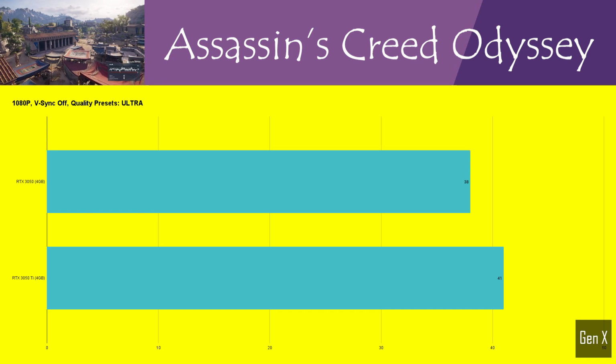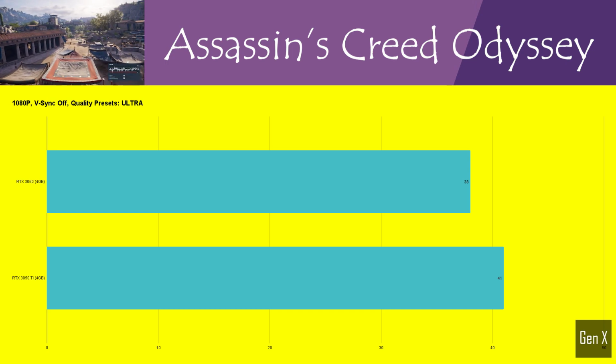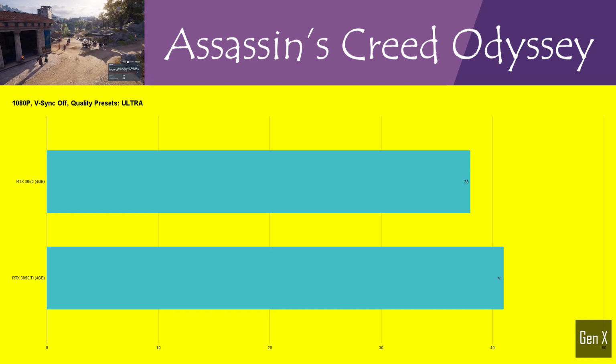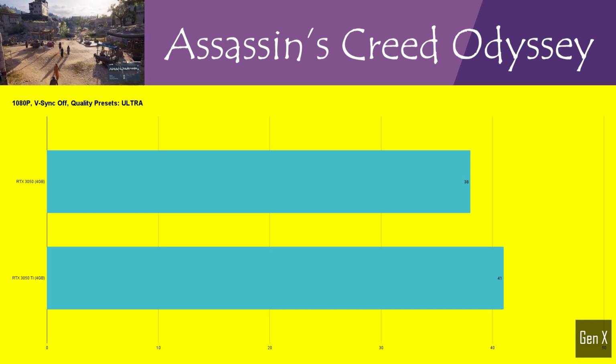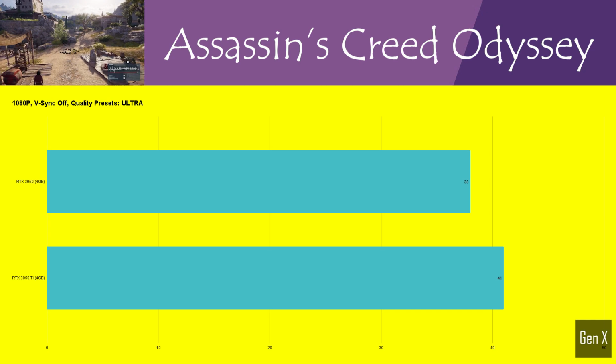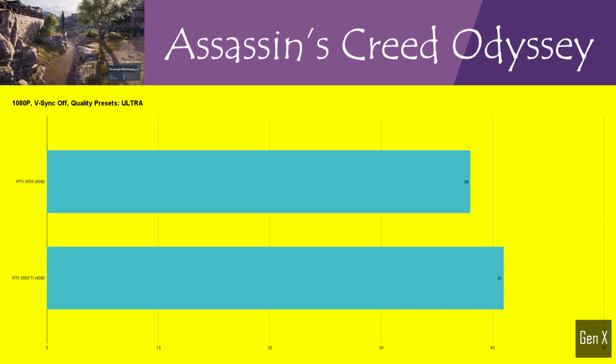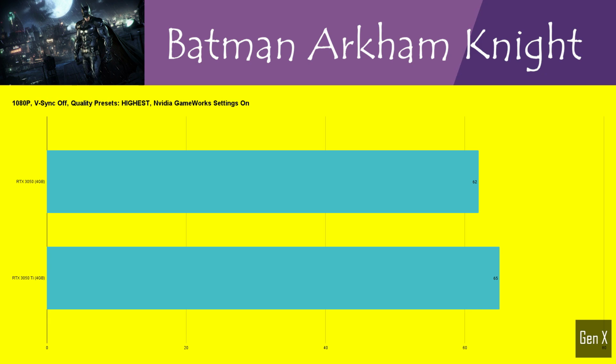The 3050 scored 38 frames per second, while the 3050 Ti managed 41 frames per second on average. This translates into a near 8% increase in average FPS. Batman: Arkham Knight is an older title from 2015. The PC version of this game is typically locked at 30 frames per second while you are playing the game.